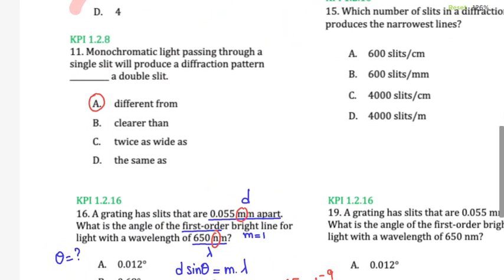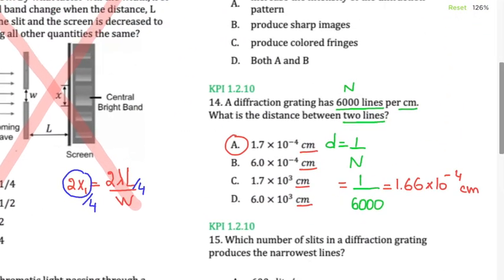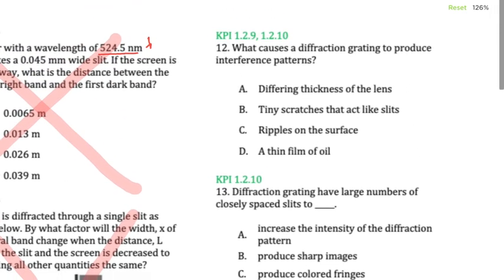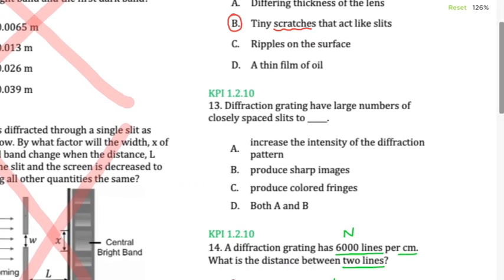Question number 12. What causes a diffraction grating to produce an interference pattern? That's because of tiny scratches that each act like a single slit. Question 13.